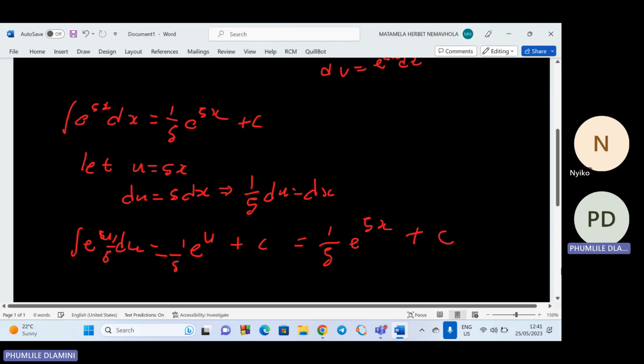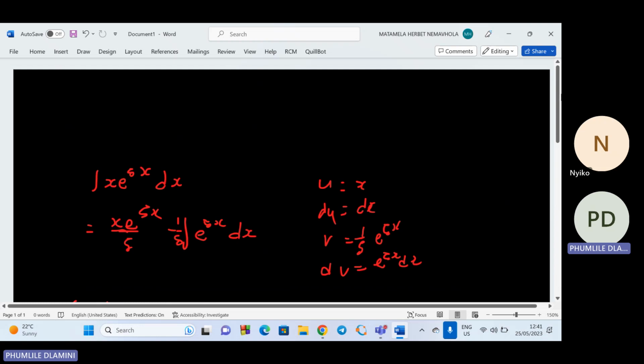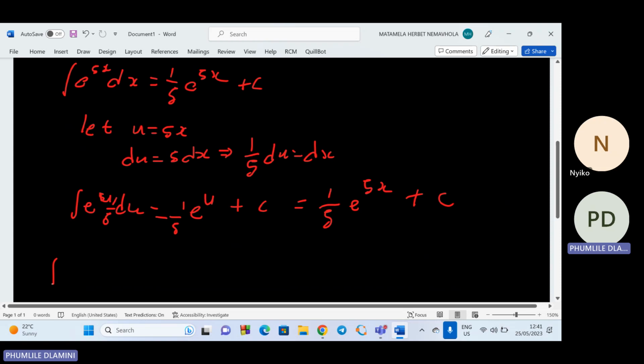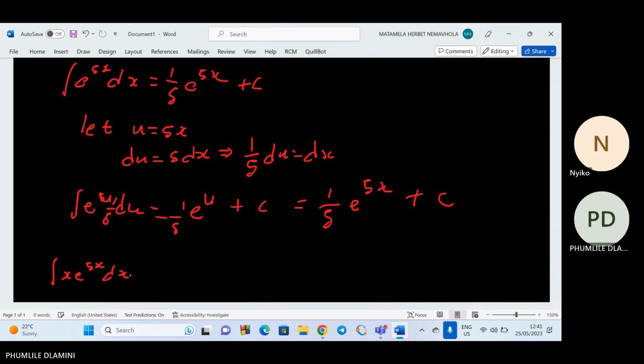So when I substitute back into that equation, the integral of x e to the power 5x dx is equal to x e to the power 5x over 5 minus 1 over 5, where there is this integral, we put 1 over 5 again.